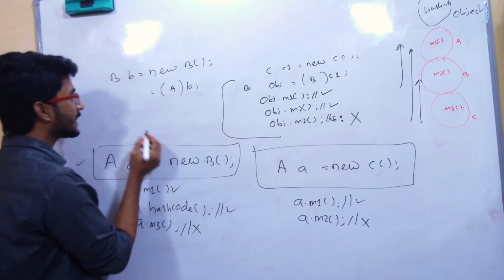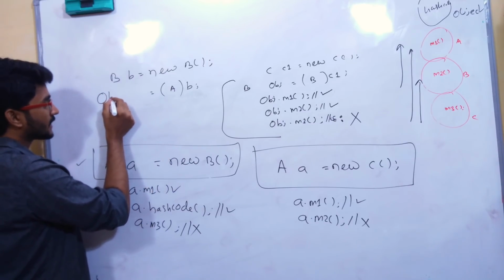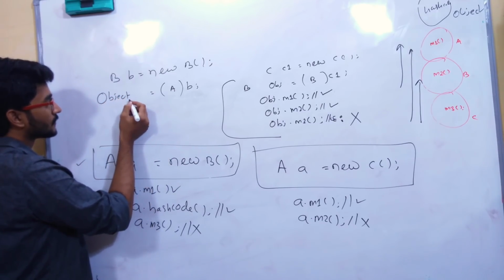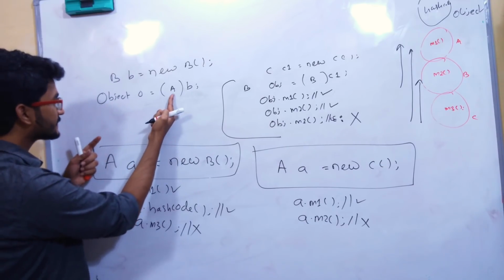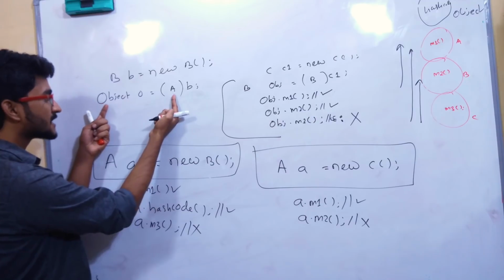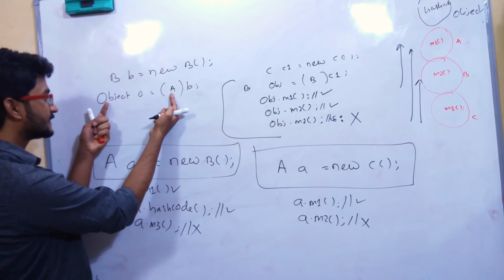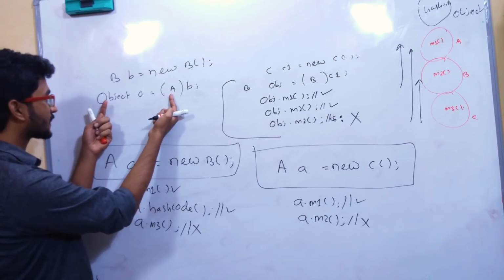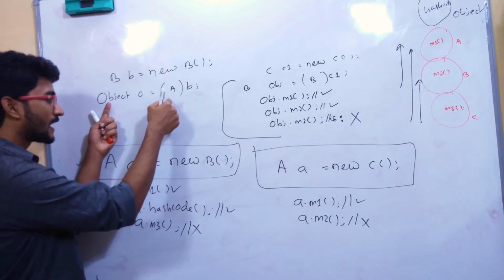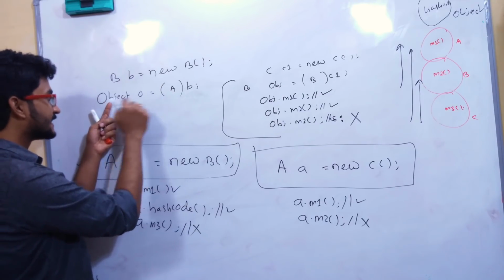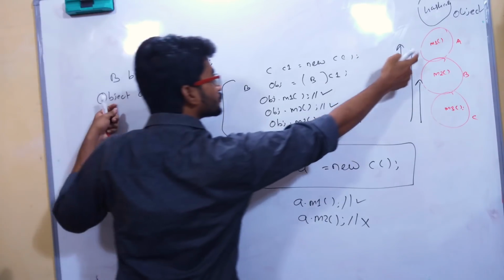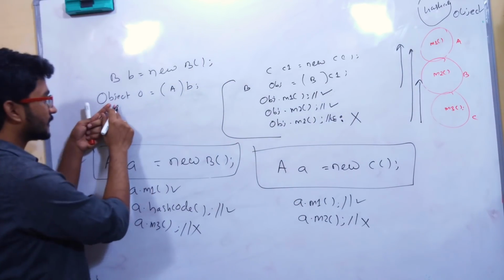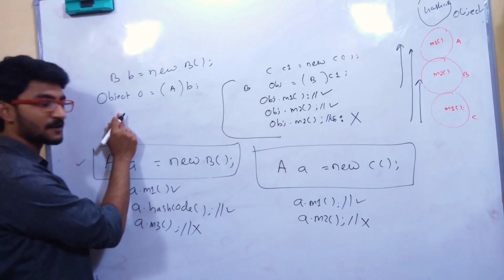Can I write here Object o? Is it valid or not? As I said, this and this need to match. Right now, is it matching? No. This is a, this is Object. This is a different class. So is this particular class the superclass of this? A class's superclass is what? Object class. So can I write Object here? Yes, I am able to write Object here.